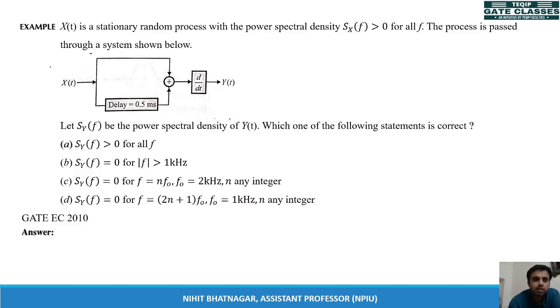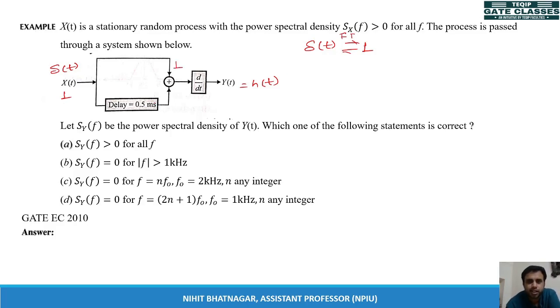Now if we apply the unit impulse delta(t) here, the output becomes h(t). We know very well that the Fourier transform of delta(t) is equal to 1.